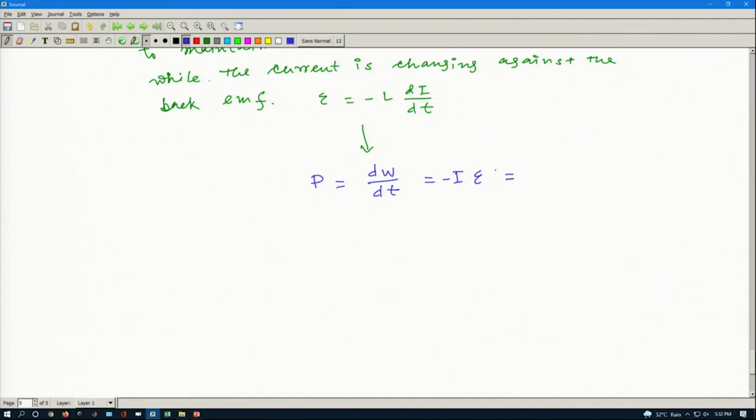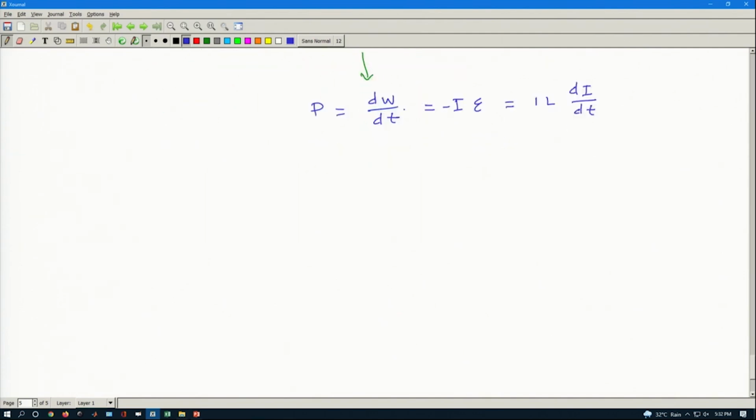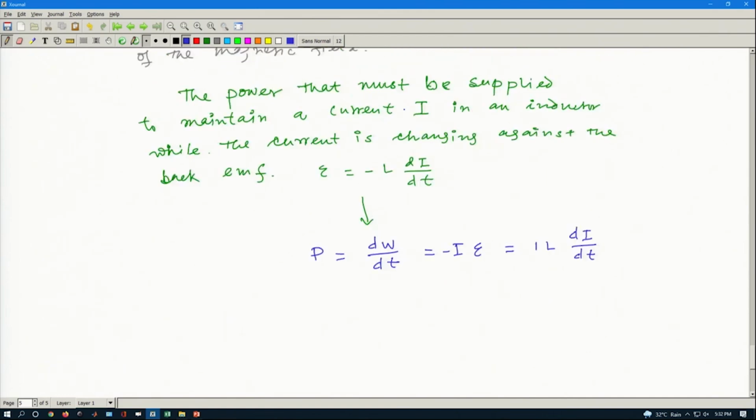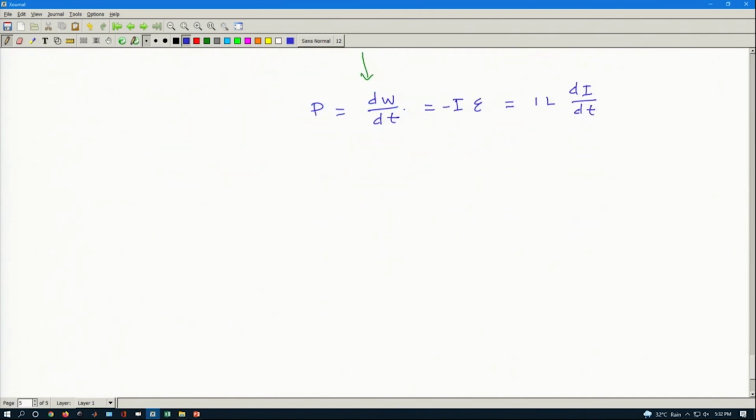That quantity, because EMF is this, is I L di/dt, because EMF is this quantity. So, this amount of power is needed in order to balance that, for the flow of the current in an inductor.